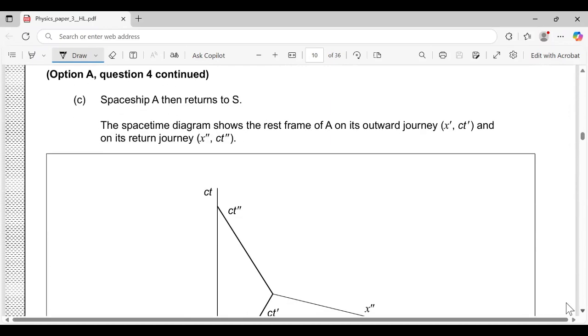Next question. C: spaceship A then returns to S. The space-time diagram shows the rest frame of A on its outward journey, x-axis and ct-axis, and on its return journey, x-double-prime axis and ct-double-prime axis.